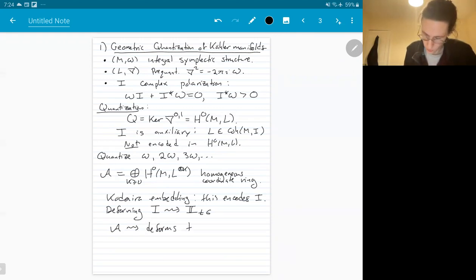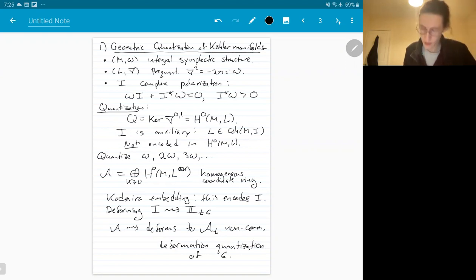So it deforms to some algebra, which is now non-commutative. And this is the deformation quantization of the Poisson structure. Does this make sense so far?